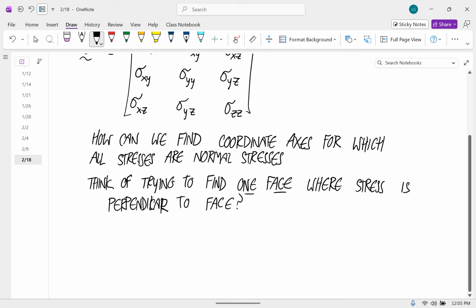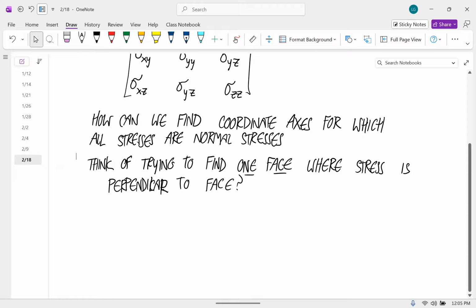So starting with this stress tensor, we just know that somewhere out there, there's going to be a face where the stress is going to point exactly straight out of that face. So do you remember a topic that we did that relates to calculating stress components on that face? Tractions, remember talking about tractions? We didn't spend a lot of time on it.